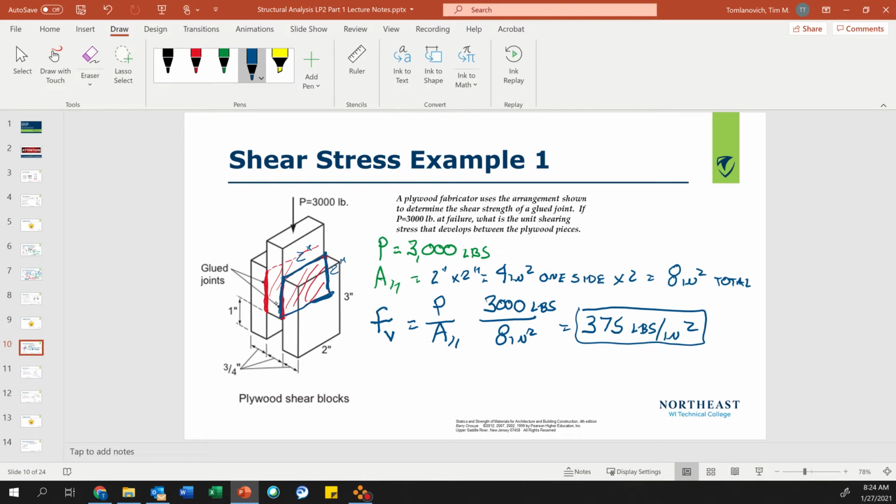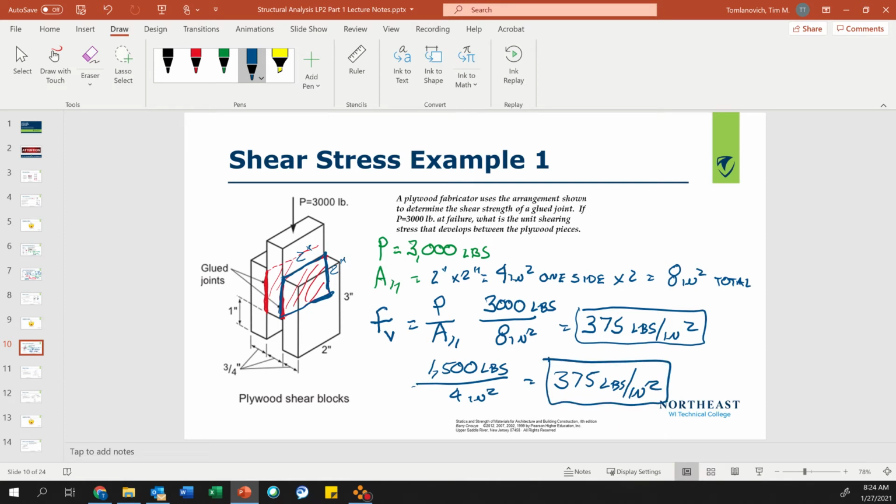Now, that's assuming two sides. Now let's do it with half of the load, 1,500 pounds, holding only one side. Divided by 4 square inches, 1,500 divided by 4, and I get 375 pounds per square inch.